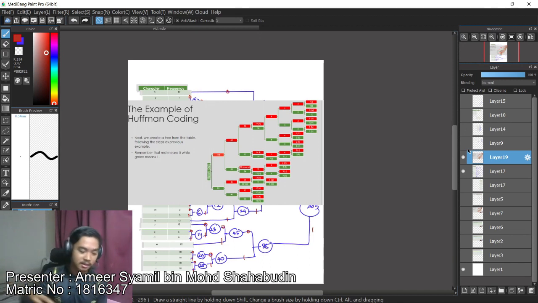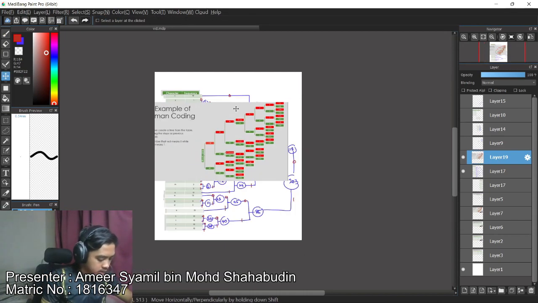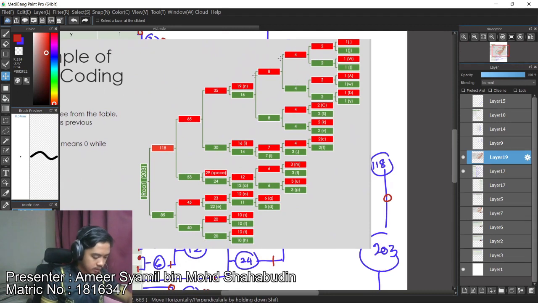The final tree should look like this, as shown in the example in the slide.